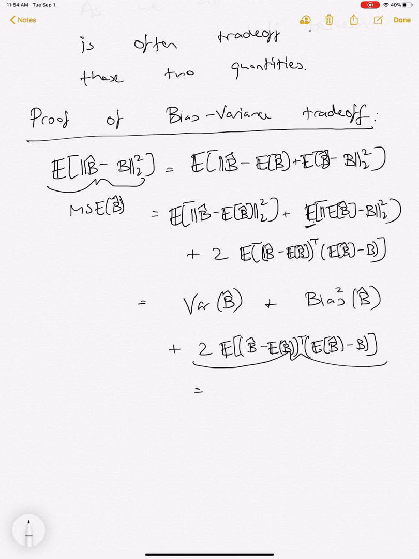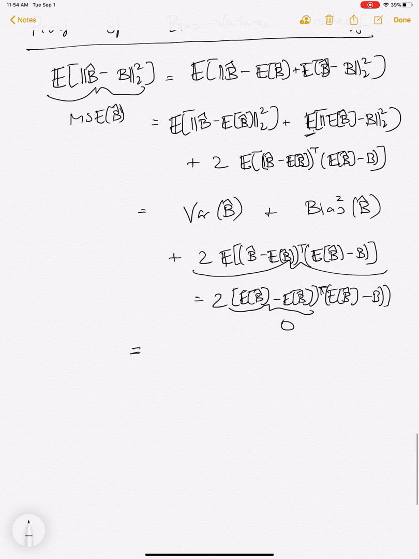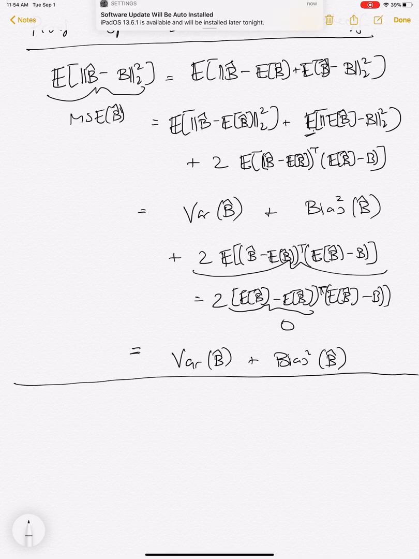If we look at this term specifically, this is equal to 2 times, if we bring the expectation inside, we just get, okay, and so this thing is 0, and we get what we wanted to see, which was that this is just the variance of b hat plus the bias squared of b hat. Okay, and so this proves the bias variance decomposition, and it's just some simple algebra.